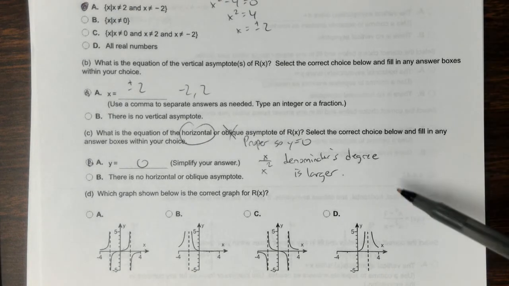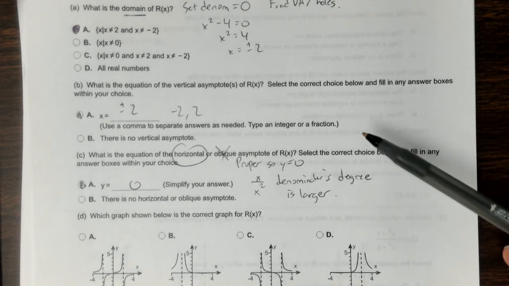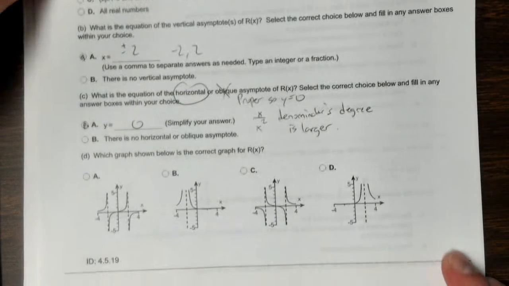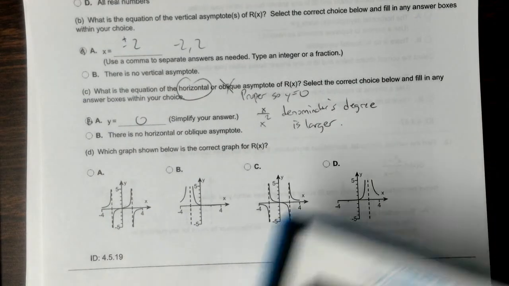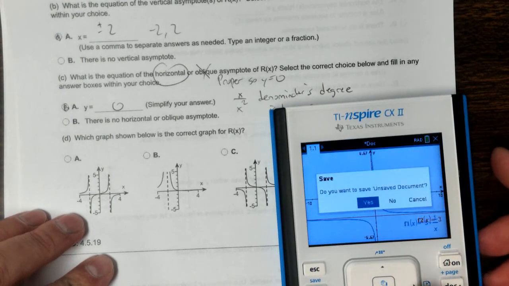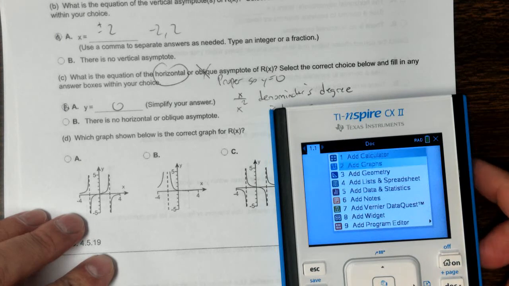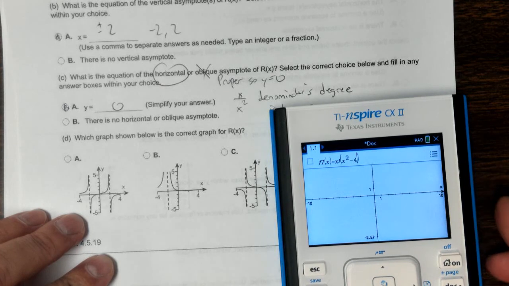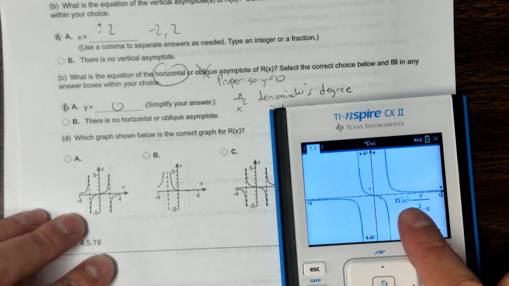And then we can pick which graph. We have x over x squared minus 4. X divided by x squared minus 4 looks like this.